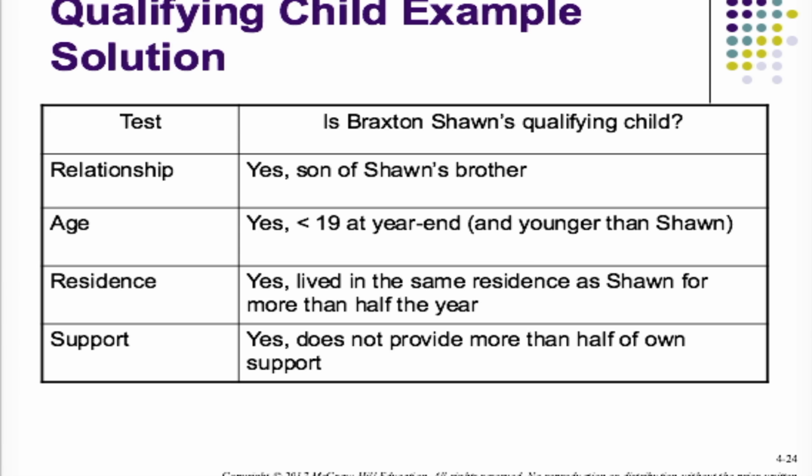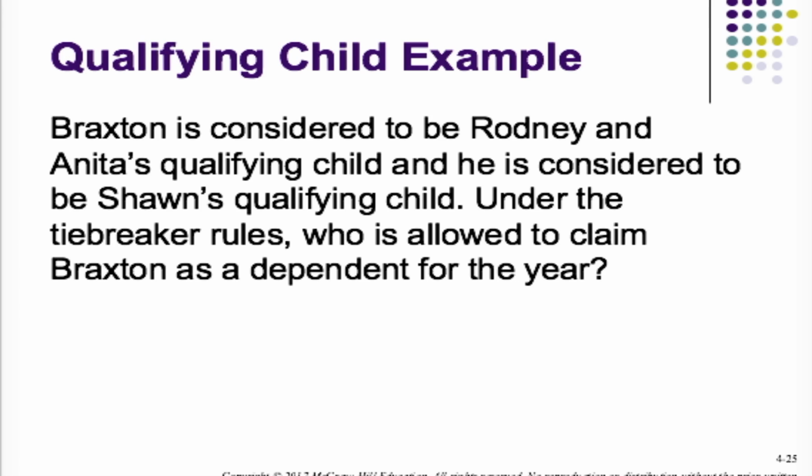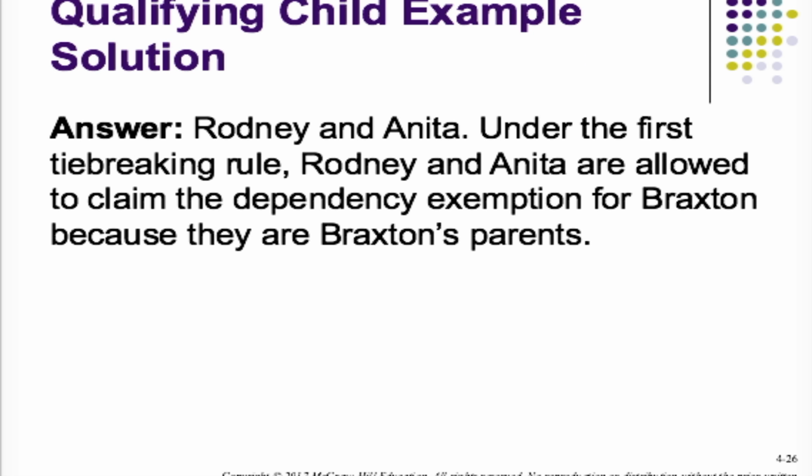Yes. Support test? Yes. Braxton is considered to be Rodney and Anita's qualifying child and Sean's qualifying child. Under the tiebreaker rules, who is allowed to claim Braxton as a dependent for the year? Well, what's the first tiebreaker rule? Parents. Okay, so in this case, Rodney and Anita are the parents. You don't have to go any further down the list.